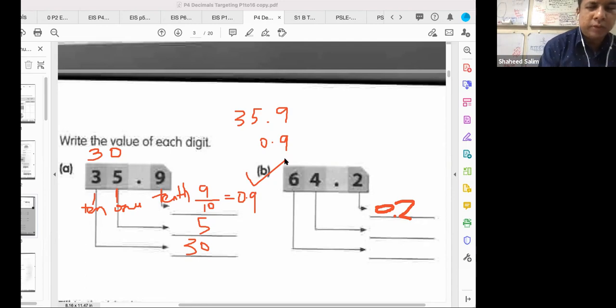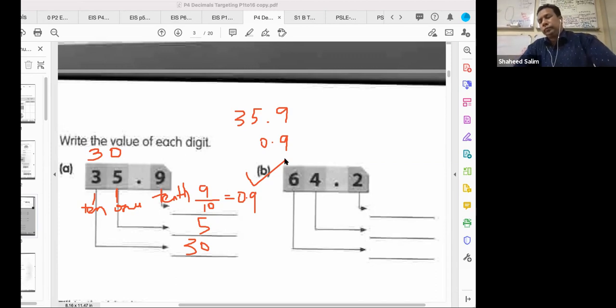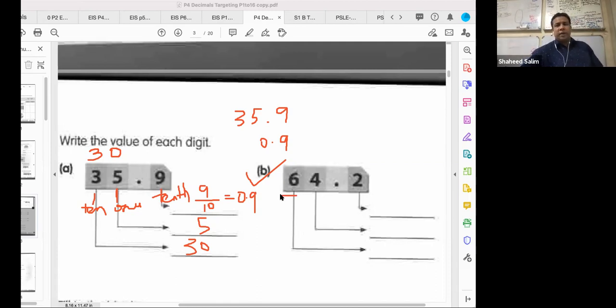Then the next one, what about 4? Yes, 4 is 4. Okay, good. And the last one, 6 is what? What's the value of 6? 60, good. Well done. Okay, so I think like that you can get full marks for your studies.